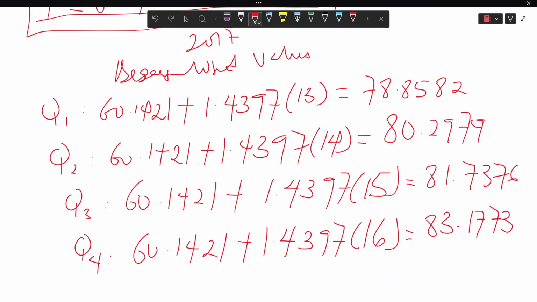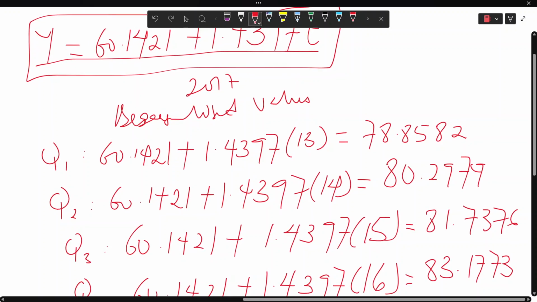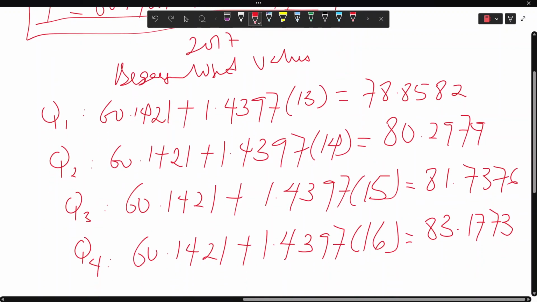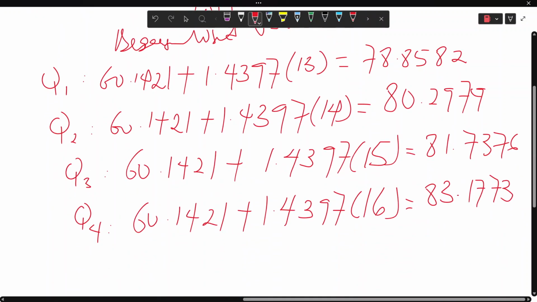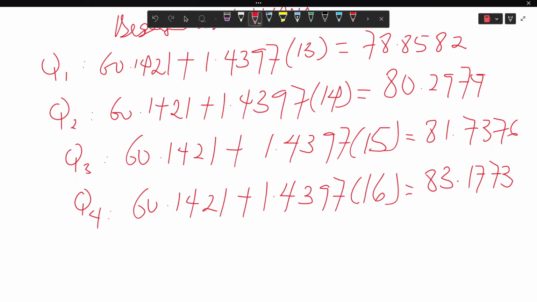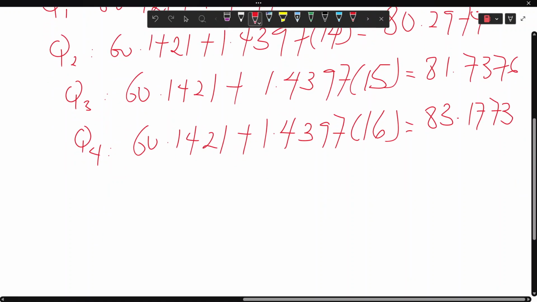Okay, so now we are done finding the deseasonalized values for 2017 using this equation. Now we need to convert these deseasonalized values to what? You have to seasonalize them to include the effect of the seasonal variation. So now let's seasonalize these values we've gotten.